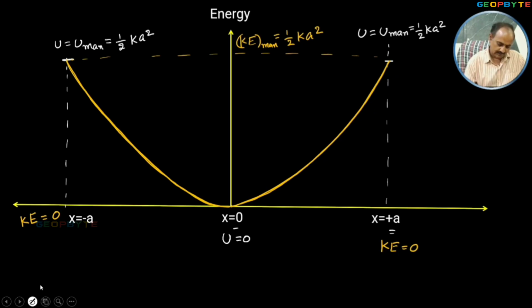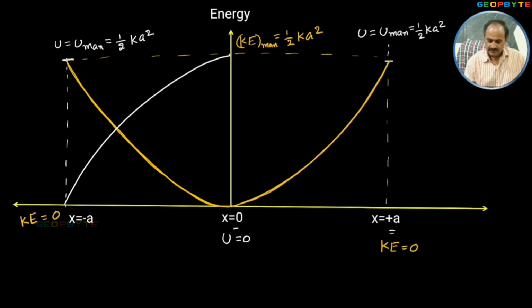The kinetic energy of the spring is increasing from 0 to maximum, from x equal to minus a to x equal to 0, varying parabolically. Thereafter it starts to decrease. Finally it is becoming 0 at the other extreme condition, that is x equal to plus a.